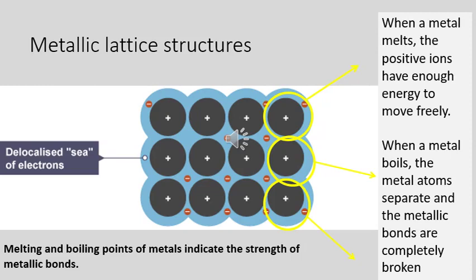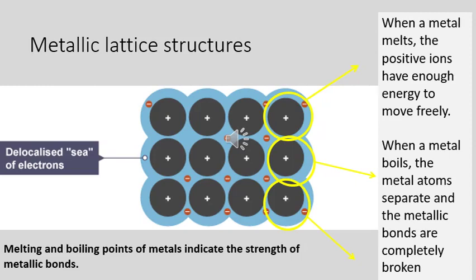Right, so when the metal melts, the positive ions have enough energy to move freely. We can think about this as almost like if each of these was a little marble, we could move them around, but they weren't completely separating. So melting disrupts the metallic bonding, but it doesn't completely break them. When a metal boils, however, the metal atoms separate and the metallic bonds are completely broken.